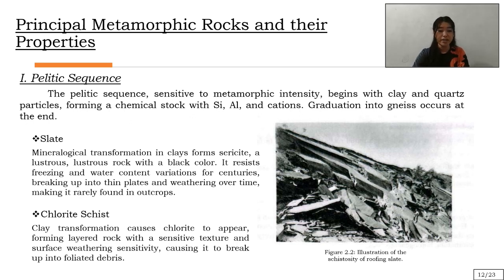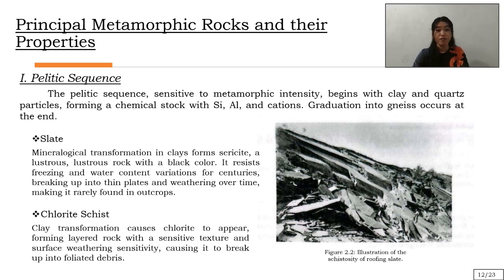Now let's proceed to slate. As metamorphic processes act on this clay-rich starting material, it can lead to slate. Slate's mineralogical transformation in clays forms sericite, a lustrous rock with a black color. It resists freezing and water content variations for centuries, breaking up into thin plates and weathering over time, making it rarely found in outcrops.